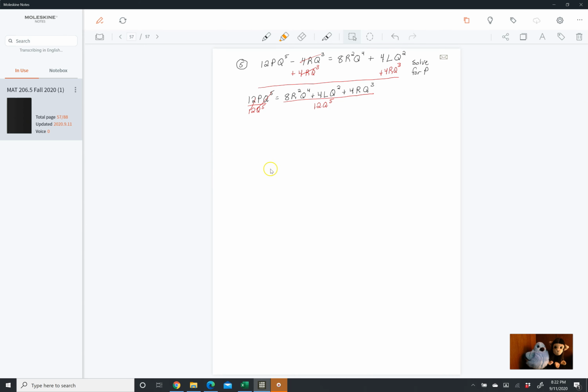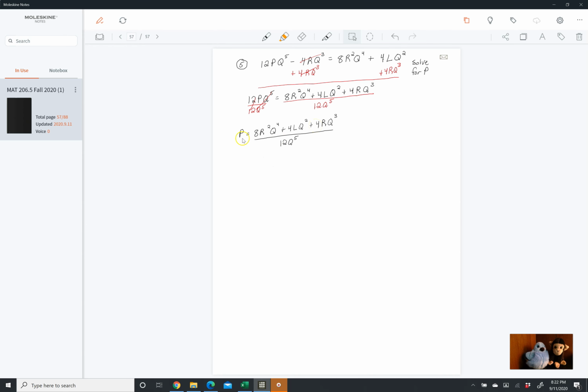You can cancel more than one thing at a time if you want. This is just to break it up for anybody who's having trouble with the canceling. Okay. So we have P equals, and I'm going to rewrite this whole thing, 8r squared q to the 4th plus 4l q squared plus 4r q cubed, and then this whole thing is over 12q to the 5th.